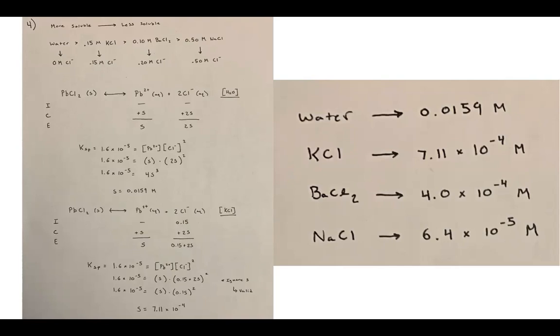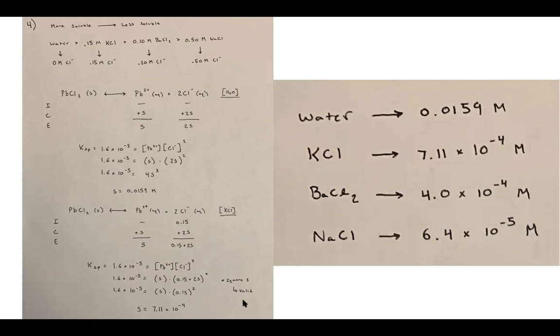But beyond understanding that conceptually, I wanted us to prove this. I only did 2 calculations. The first one I did for water, and the second one for the potassium chloride. But I will explain how you would do it for the other 2 solutions, because they're extremely similar to how I did the potassium chloride.